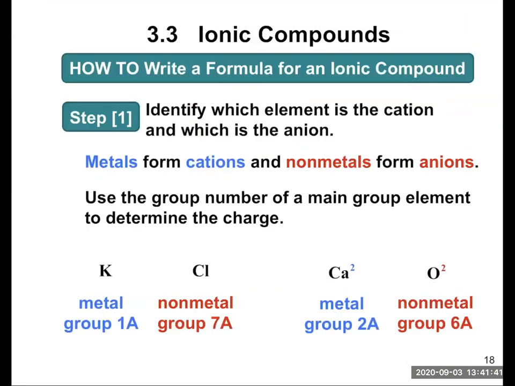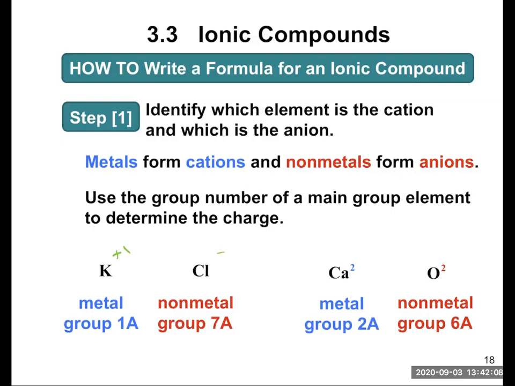How to write formulas. We are always going to write the metal first. When we are writing formulas, the metal comes first, followed by the non-metal. What we're going to do is what's called crisscross. In this case, there's a +1.